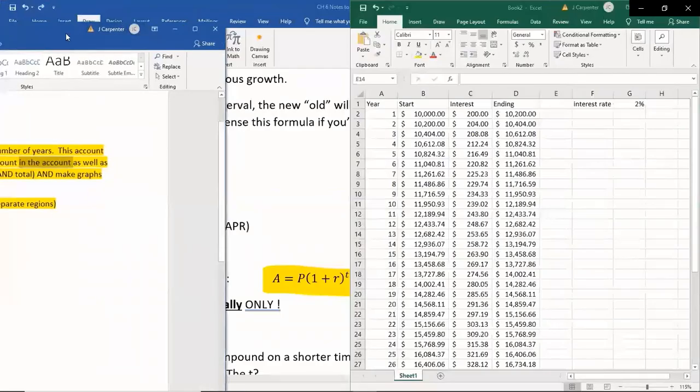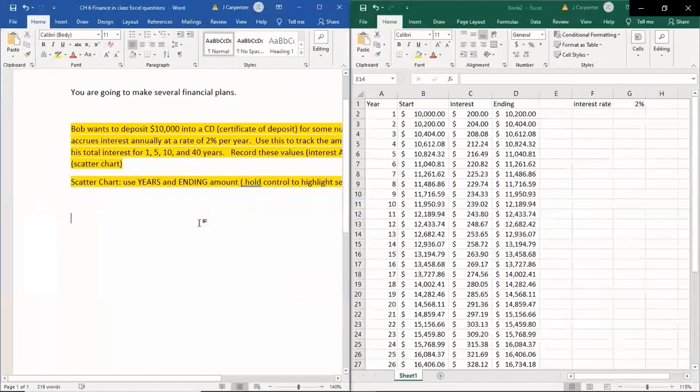All right, so year 1, the interest was 200, and the ending balance is 10,200.